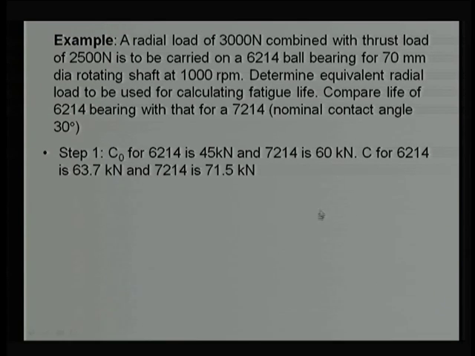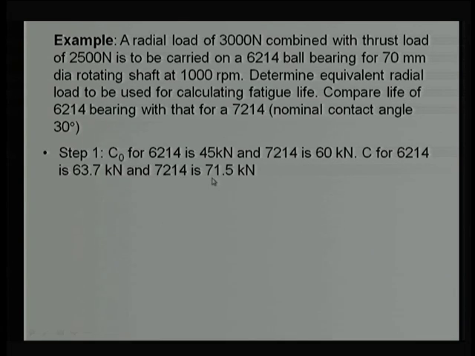So this load comparison clearly indicates that the 7214 bearing is going to be a better bearing compared to the 6214 bearing. Just by scanning the catalog, we can find that the 7214 is going to show better performance. This conclusion is based on the C value.